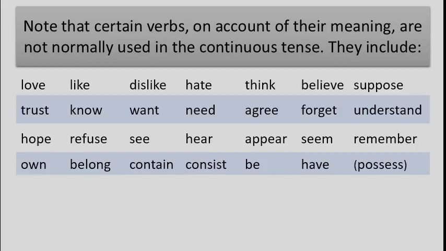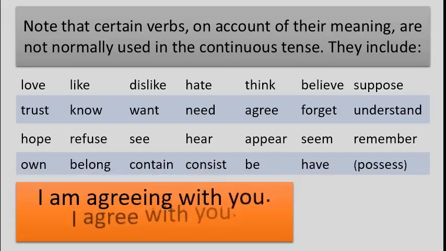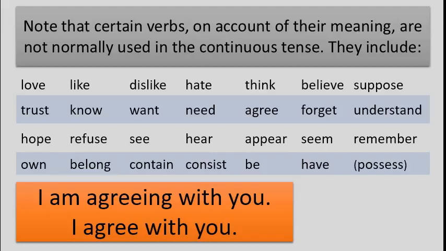To clarify this rule, let's see some examples. Number 1. I am agreeing with you. Number 2. I agree with you. If we say, I am agreeing with you, according to the rule, what is the rule?